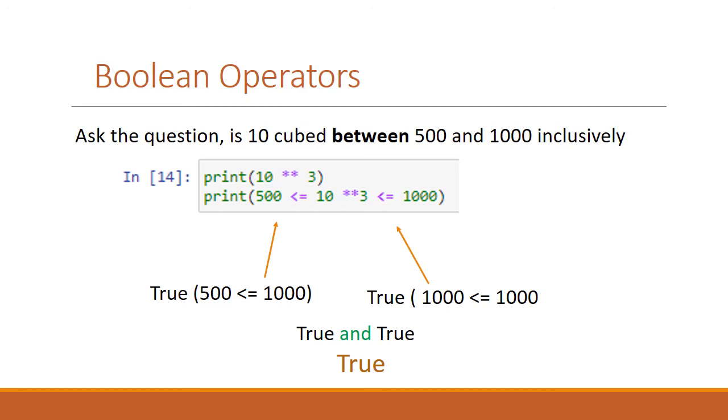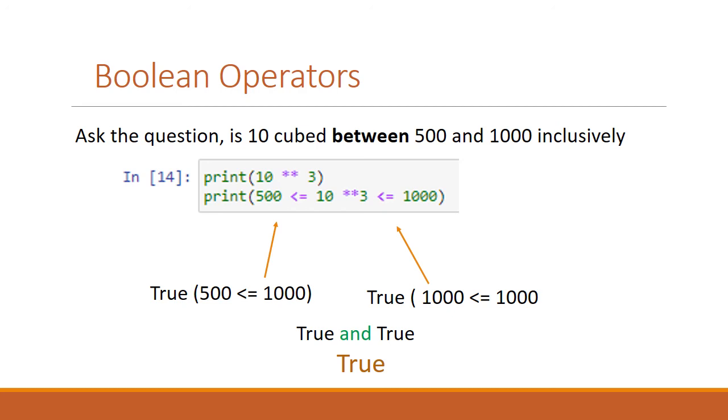So the way this expression is evaluated, the first thing that happens is we evaluate 10 cubed, which is 1000. So then we can ask the relational operator expressions, is 500 less than 1000? That's true. Then we can ask the question, is 1000 less than or equal to 1000?